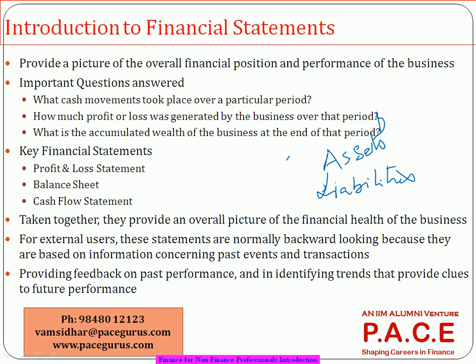So simply put, the P&L statement talks about the transactions for the year, only for the year, nothing before, nothing after. From this date to this date, whatever sold, whatever obtained, profit or loss for that year. But at the end of the year, on 31st March, check out all your balances.